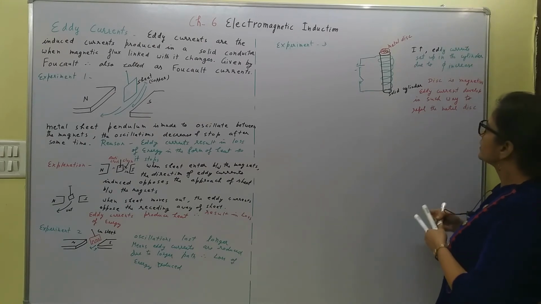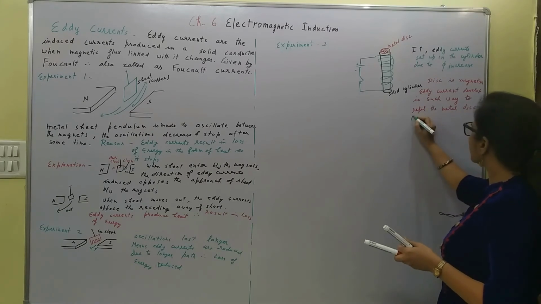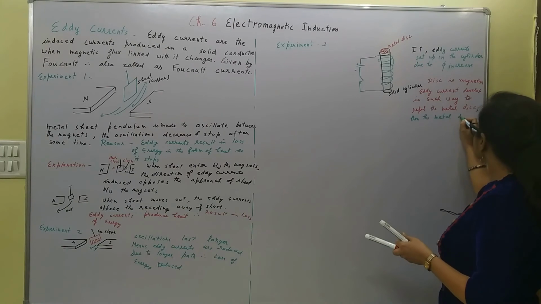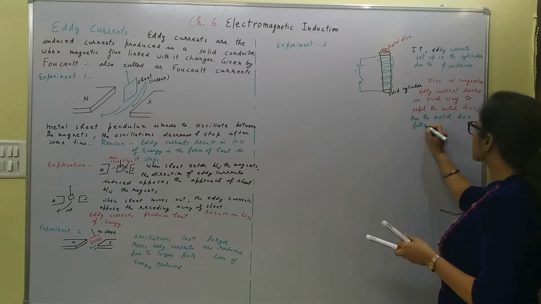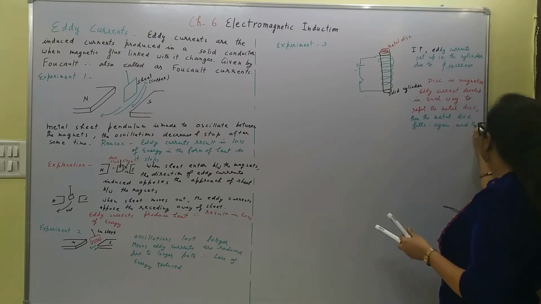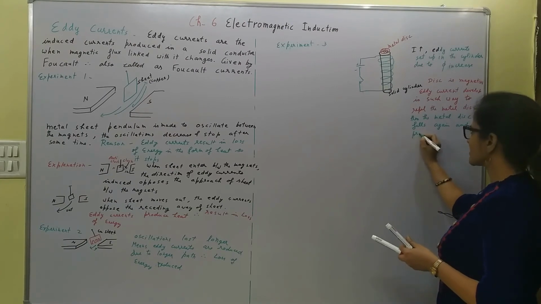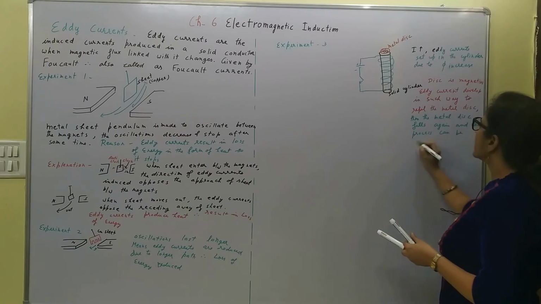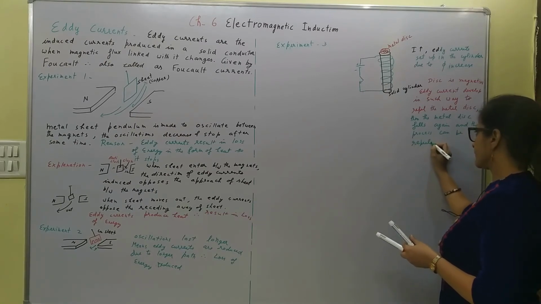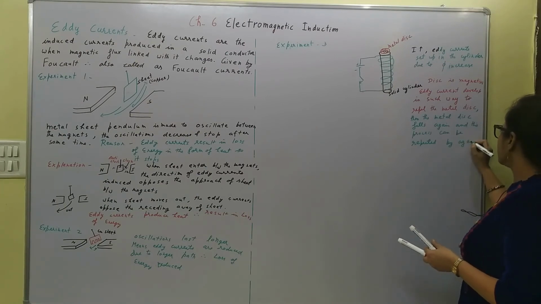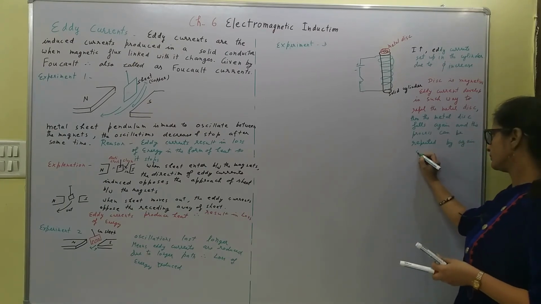And then the metal disc falls again, and this process can be repeated by again switching on.